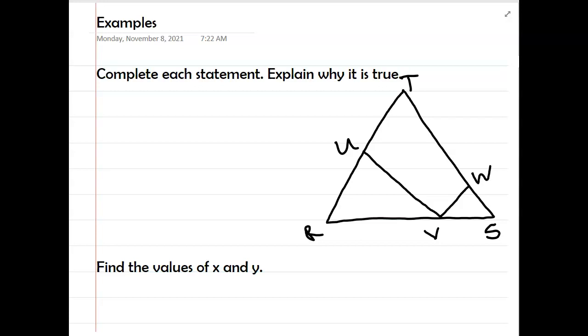Let's say VW and WS are congruent. And then angle R is going to be congruent to angle UVR, which is also congruent to angle WVS.